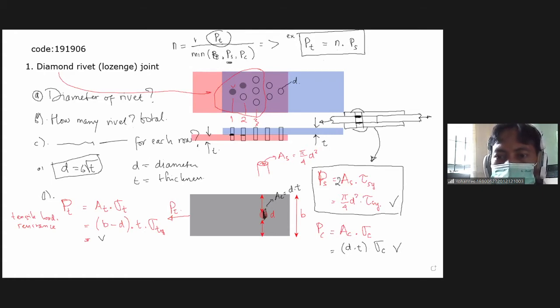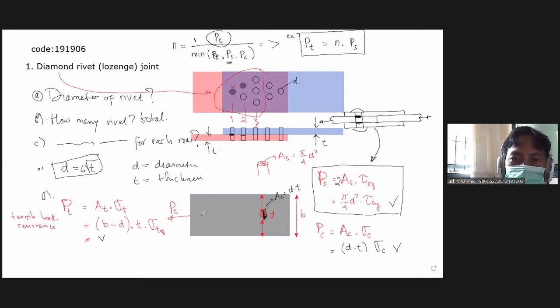Okay, so now the next question is how the arrangement of the rivet. How many rivet for each row? For this question, we have several possibilities. If we have 6 rivet, for example, then we have several possibilities.